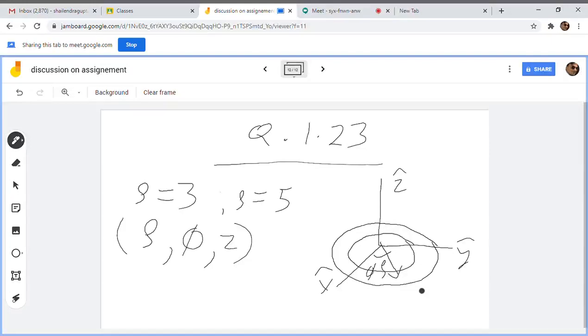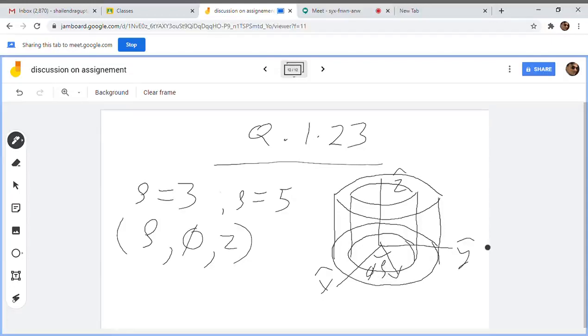So we should make this full cylinder, and this one as well. Sorry. So these are two cylinders, and we are talking about the curved surface of this cylinder. Okay.